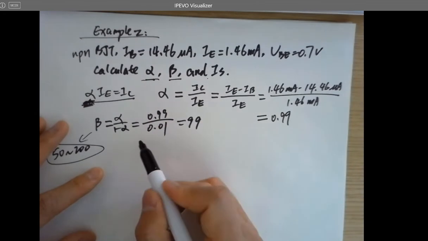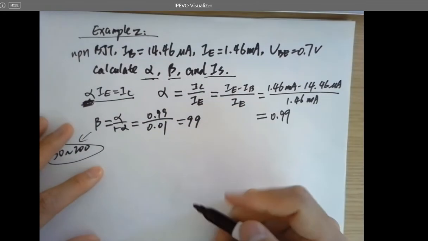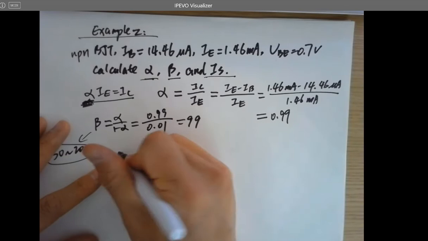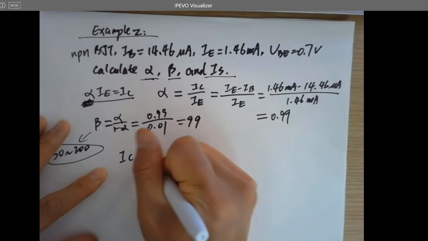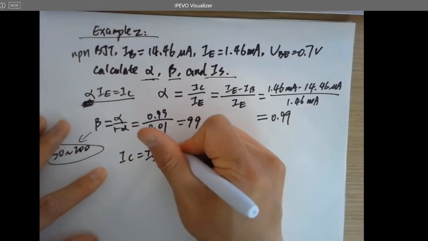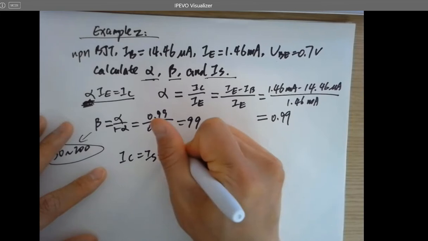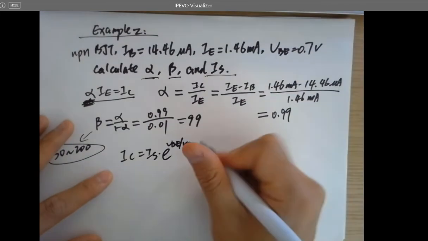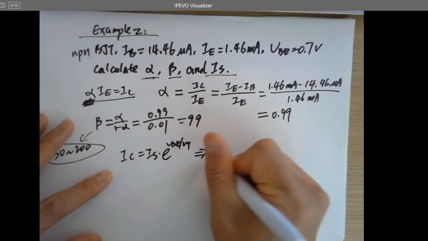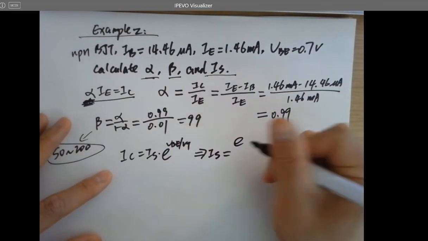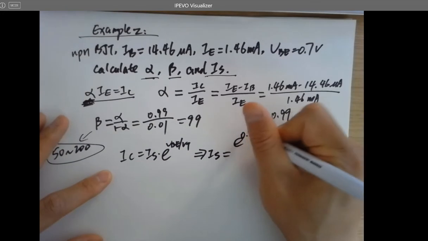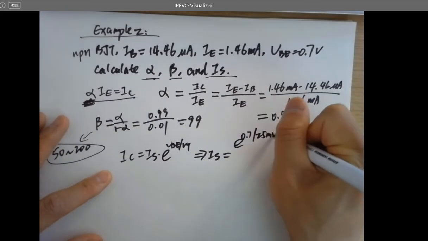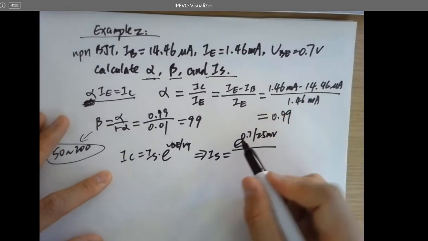Alpha, beta are calculated. So what is IS? I'm going to use this equation. IC equals IS times e to the VBE over VT. So IS is IC over e to the VBE over VT, what is VBE? 0.7 volts over 25 millivolts, that's this part.